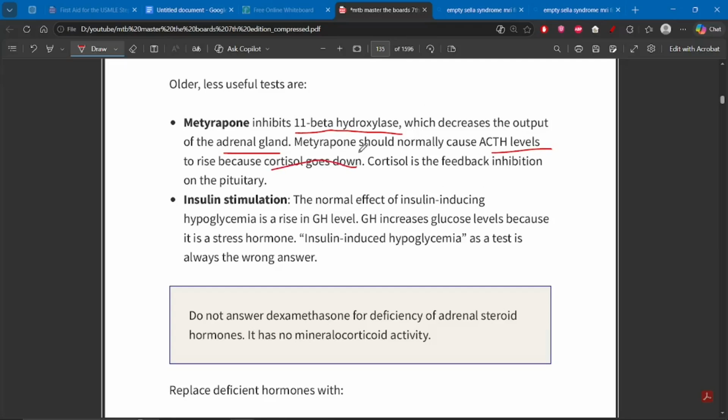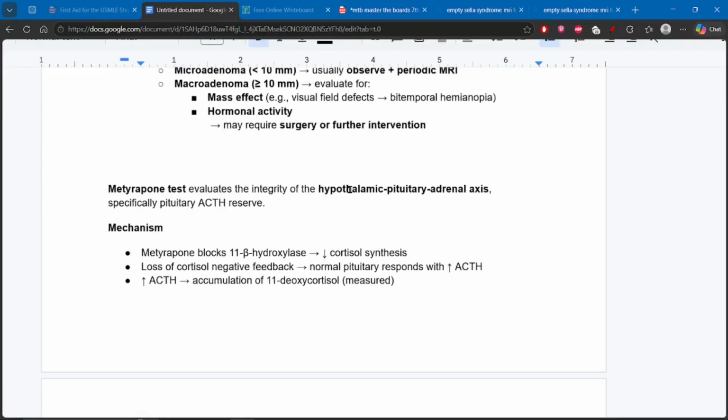So cortisol levels go down and ACTH levels should rise, because cortisol has a feedback inhibition. If there is a deficiency of ACTH, then levels will not rise. I've written it over here as well.